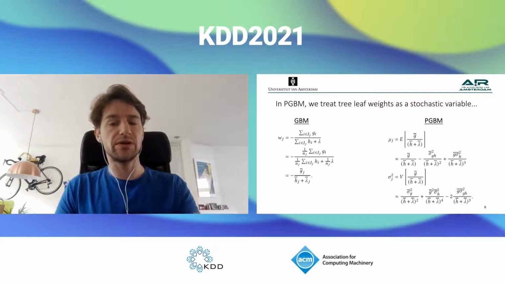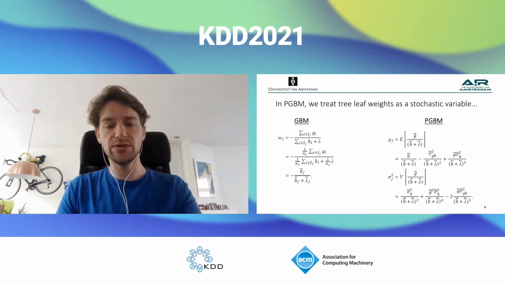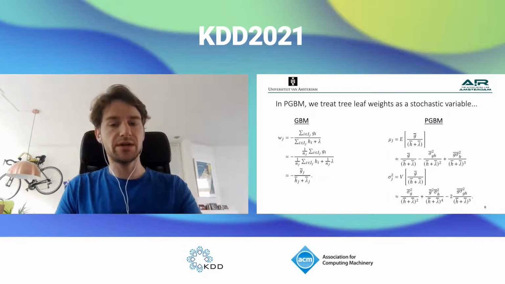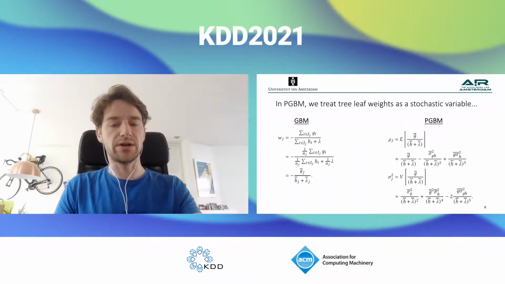We have the mean of the gradients that end up in a leaf, and the mean of the Hessians that end up in a leaf, and we can simply estimate the expectation of that ratio of random variables. We show the formula for the mean and for the variance here, and we show the derivation in our paper. It comes down to simply doing a Taylor expansion of the ratio of two random variables.